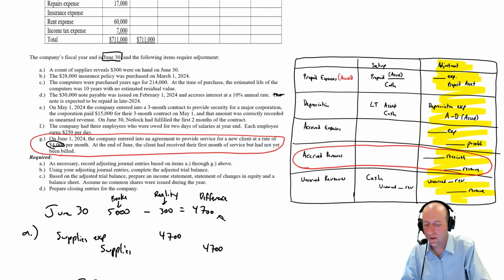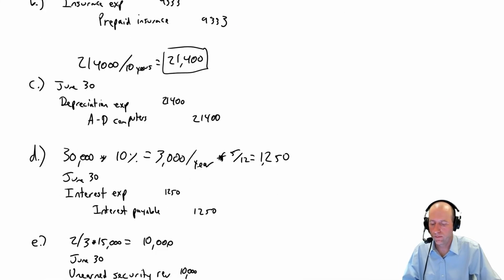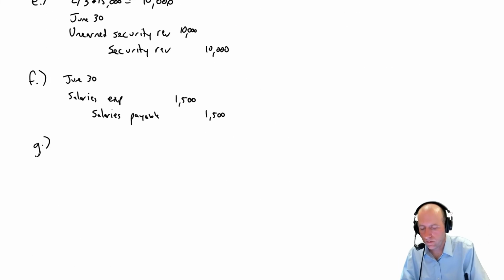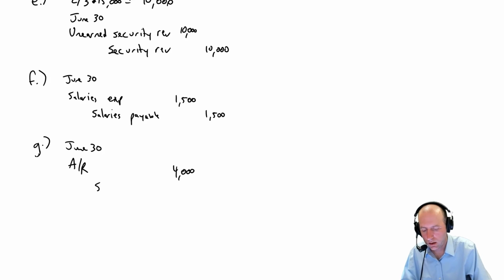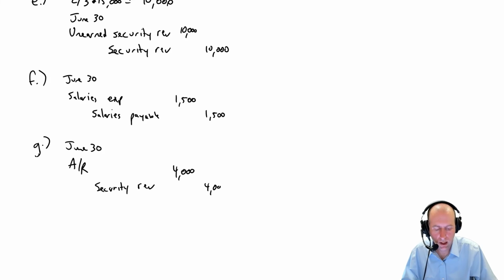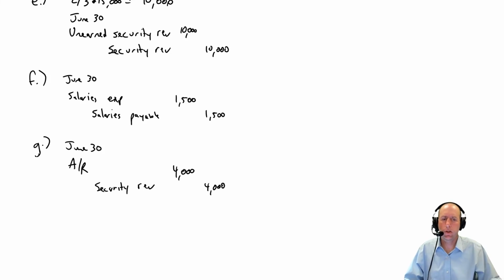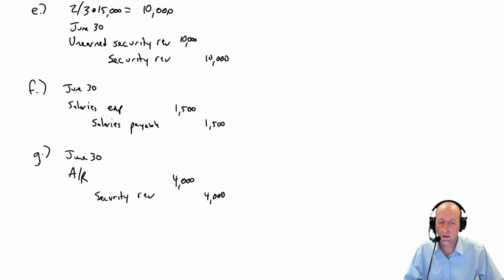It's $4,000 a month and we've earned a month. So G, June 30th. Debit, accounts receivable, $4,000. Credit, security revenue, $4,000.